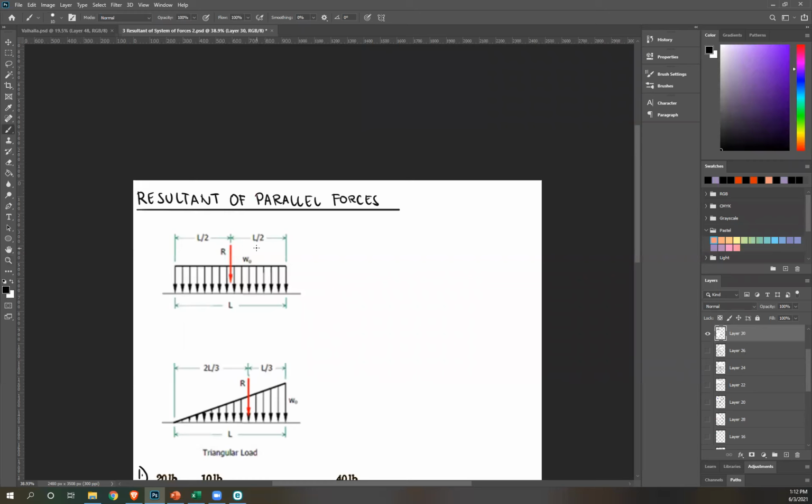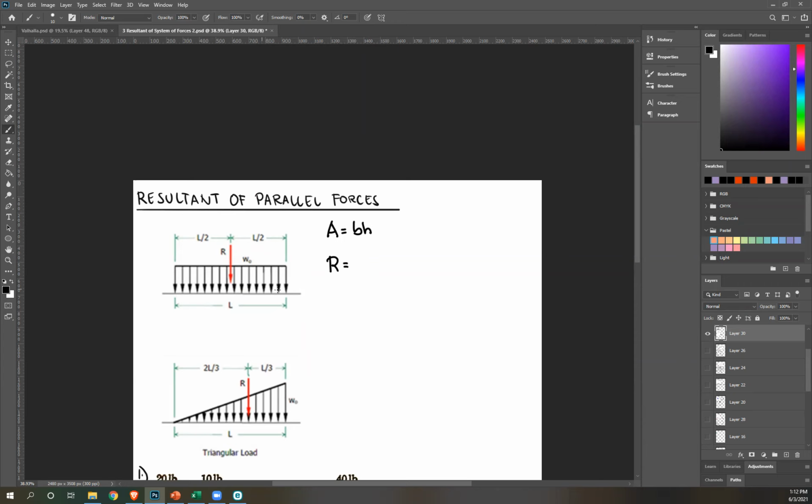Let's take these figures for example. This is a rectangle. The area of a rectangle is just base times height, or length times width. Therefore, the point load version or the resultant of this load diagram is the same. So it's also base times height.